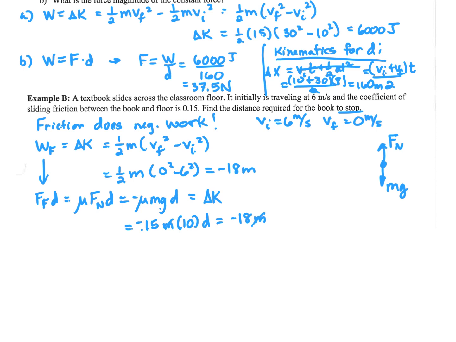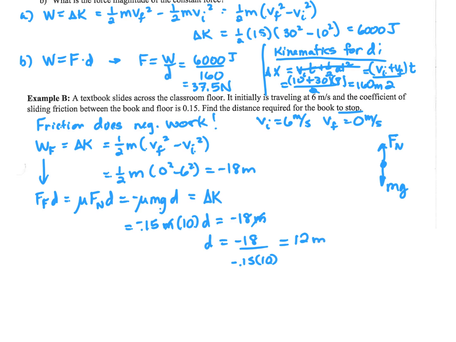What do we end up with? 12, and that would be meters as its distance. So you can see what we're doing. We're taking this definition of work, and then we're taking delta K, and we're setting them equal and solving.